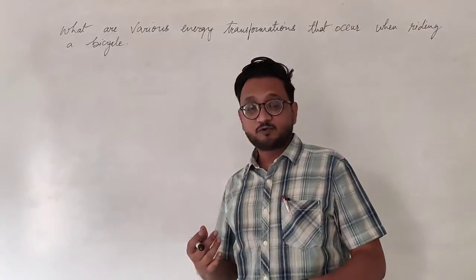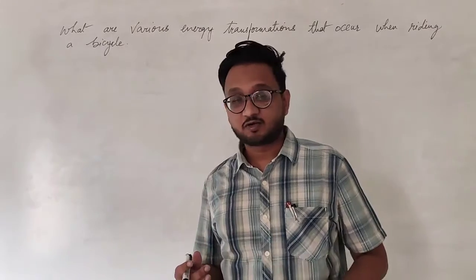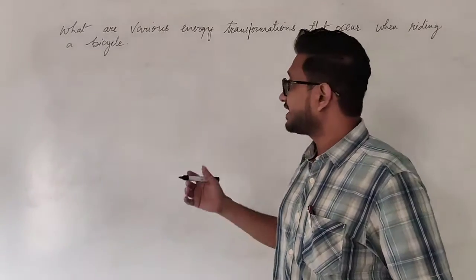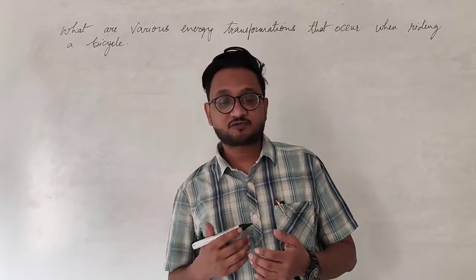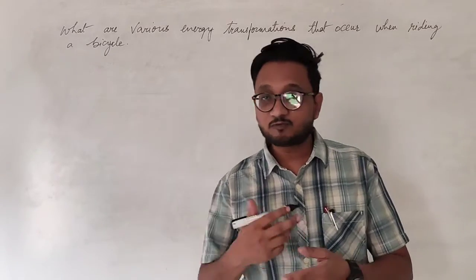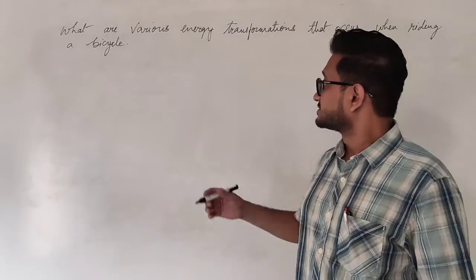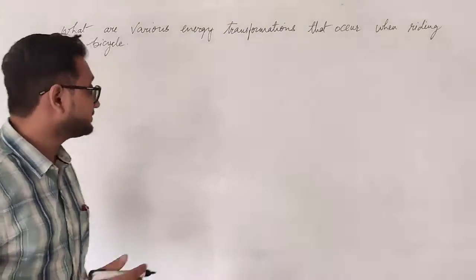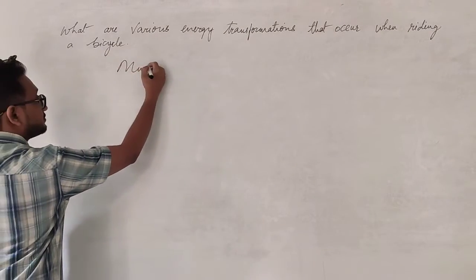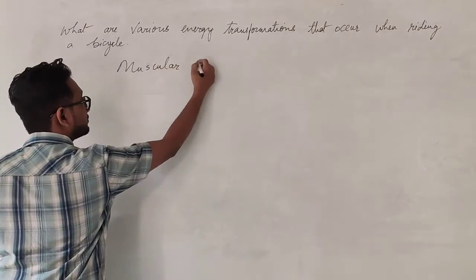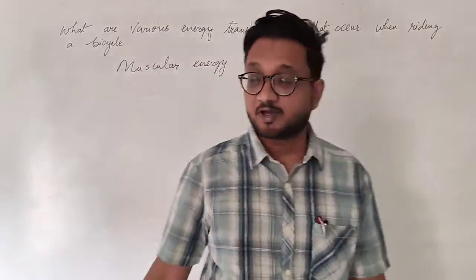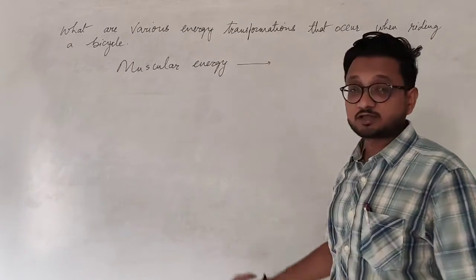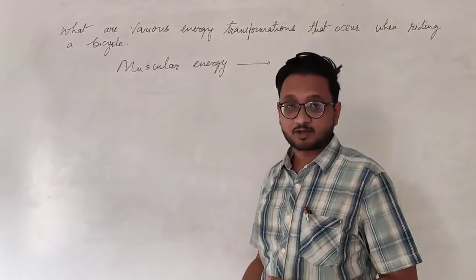When we eat certain food, the energy is stored inside our muscles. Okay. So we are using our muscular energies to transfer that to the bicycle and move the mechanism. Okay. So we are using our muscular energy and transferring it into the mechanism of the bicycle.